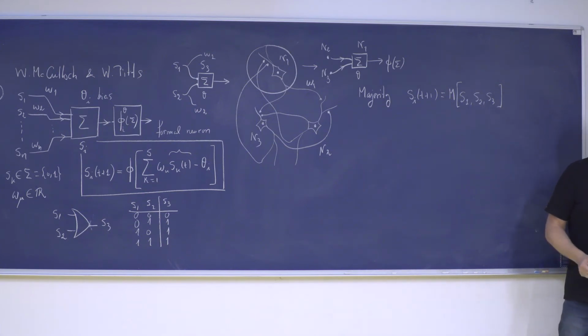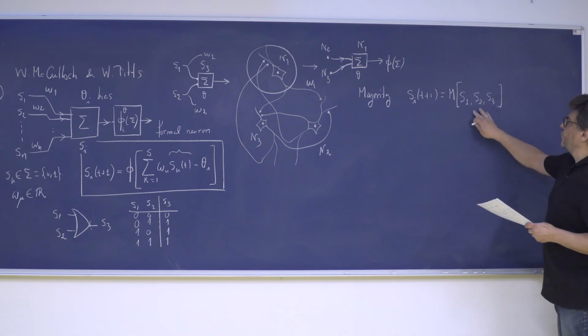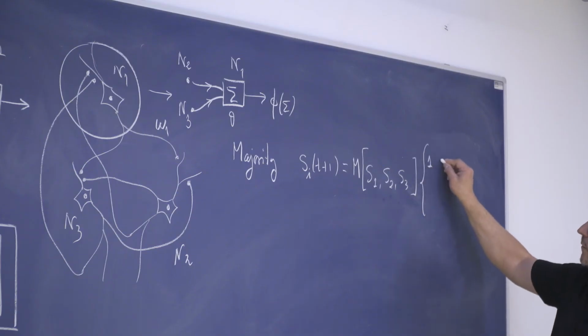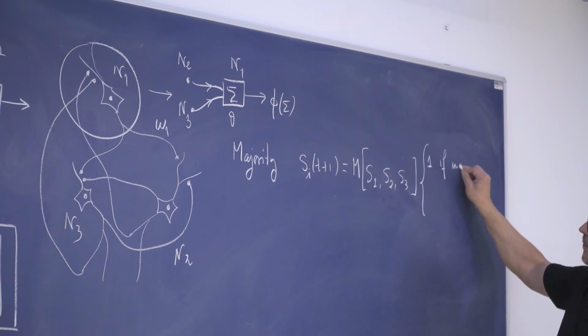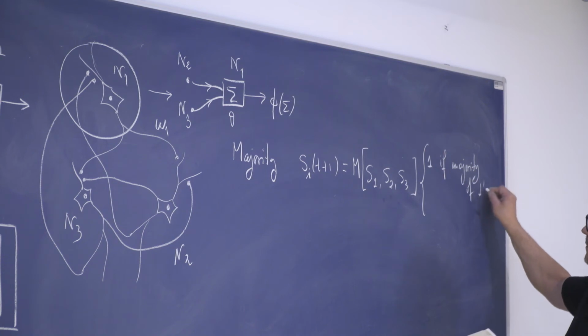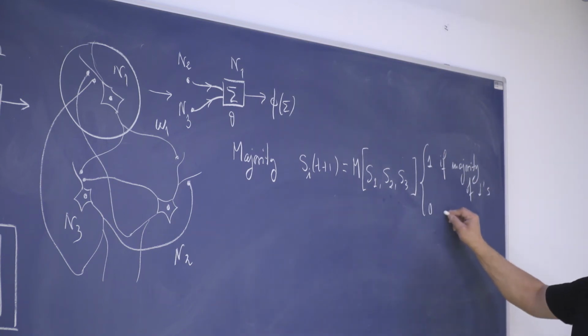It's a threshold function in some way, because what this rule says is the output is going to be 1 if I have a majority of ones, as simple as that, and 0 otherwise.